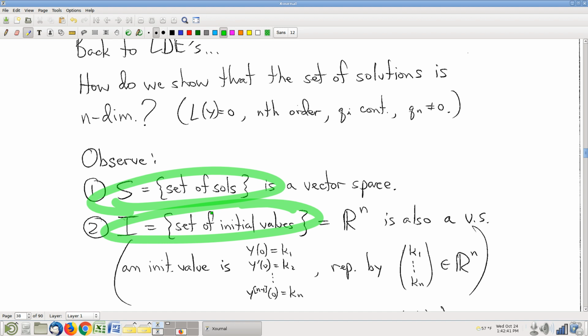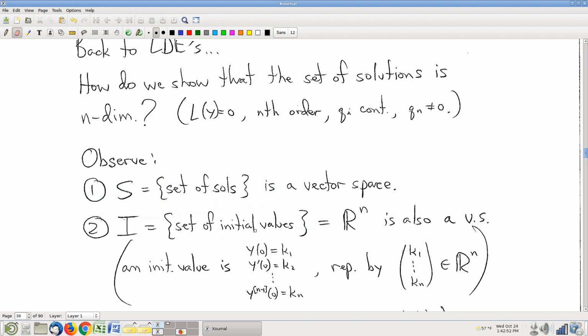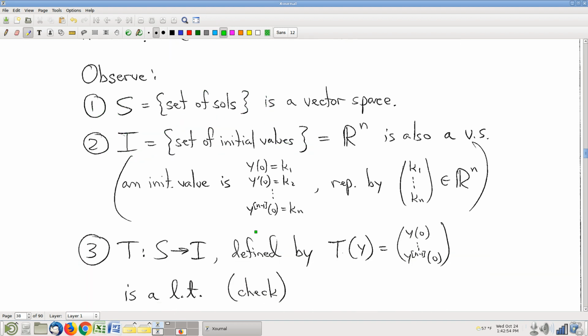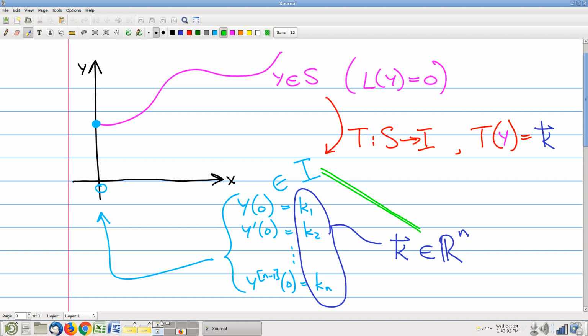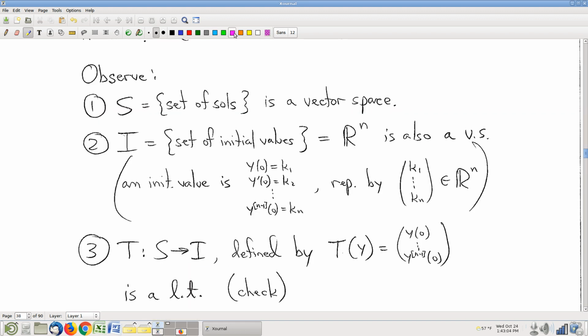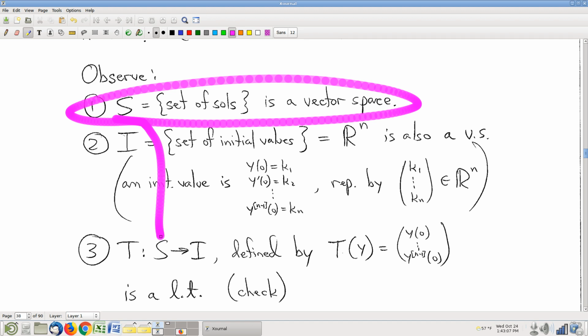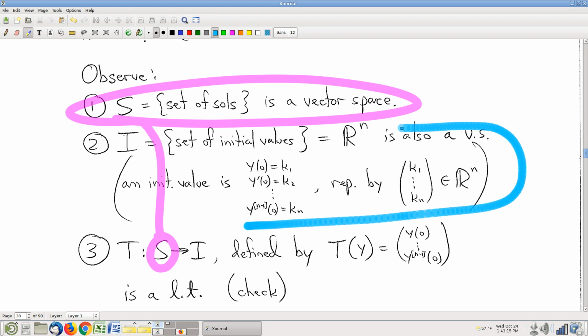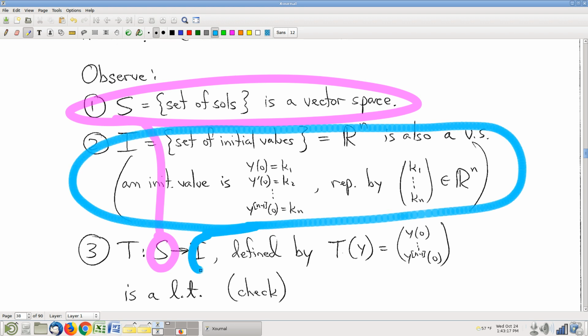So here's the tricky idea. Here's the Chapter 5 idea. What we could not have done in Chapter 4, because we didn't have the tools, is I'm going to define a linear transformation from the collection of solutions, that's a vector space, to the collection of initial values, that's a vector space.